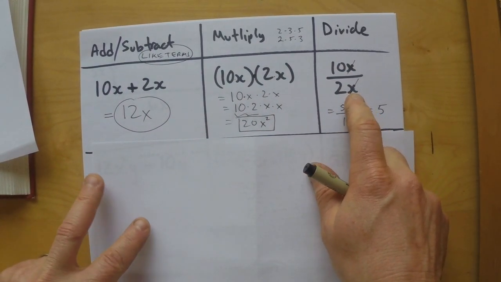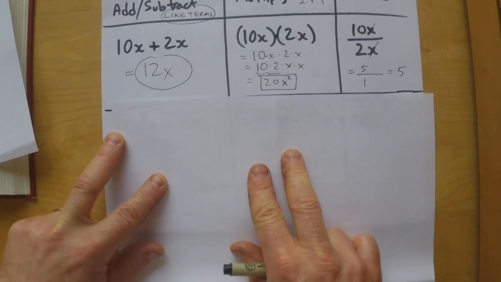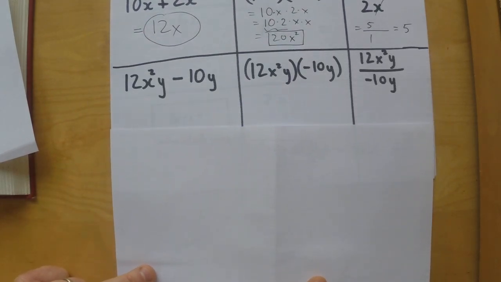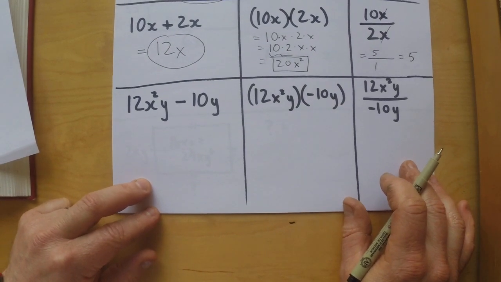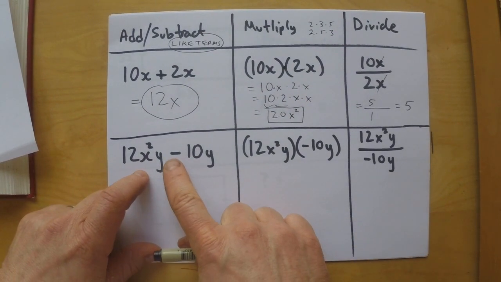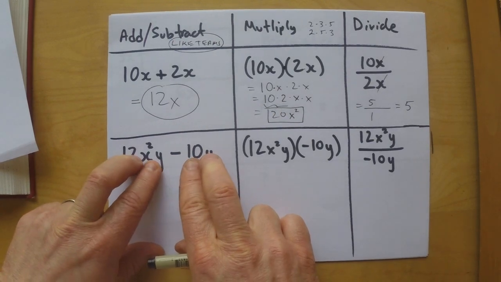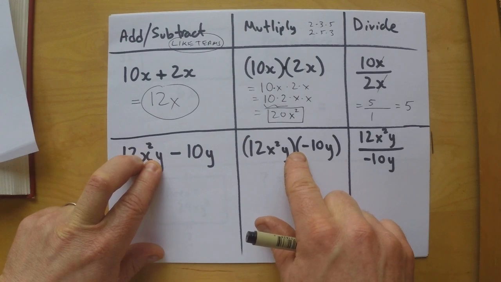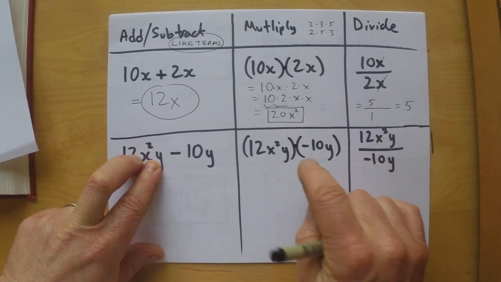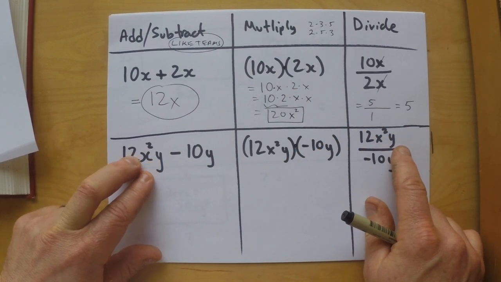Let's look at another example to let this sink in. So here's the next example, which again, I've done three of similar things. An add subtract question of a monomial minus a monomial. Here's the same two monomials but multiplied. Remember, there's a multiply in here. And here is a divide.